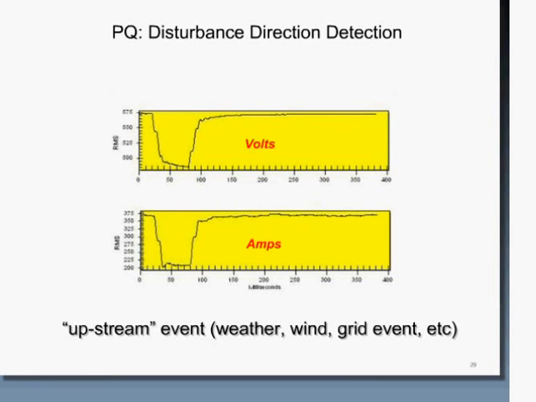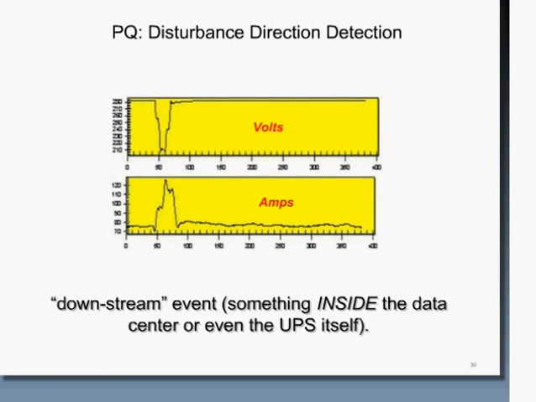If you look at the other event where you see the voltage and the amps, that typically might be something that we're reading off another power quality meter. That's a downstream event. That's why we want to make sure we're looking at that UPS, so something inside the data center. So again, we can do a good job of disturbance detection, which gives you that pathway to understand where the event occurred.